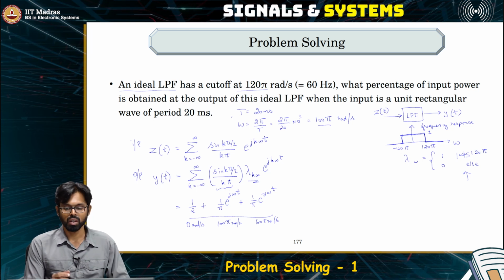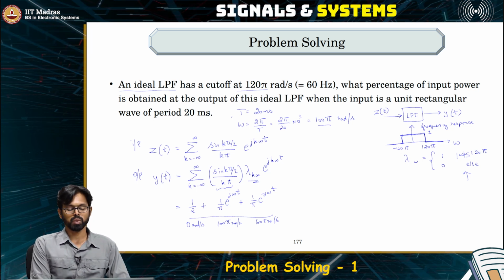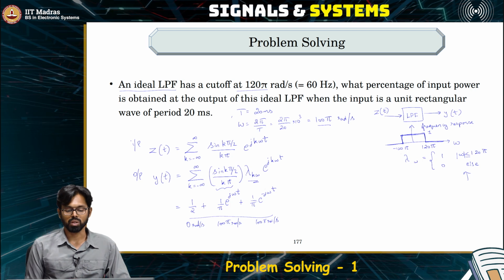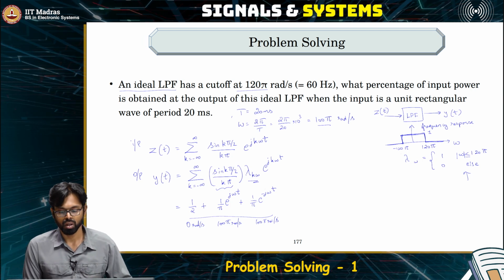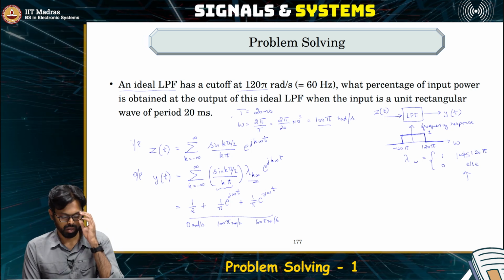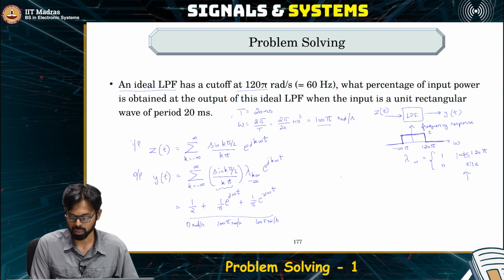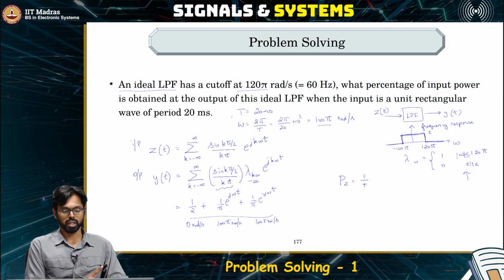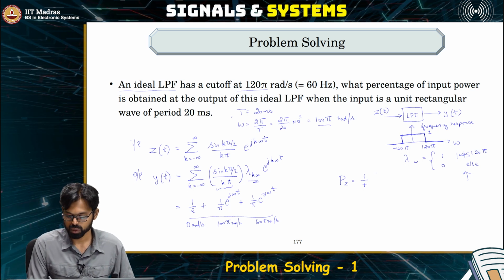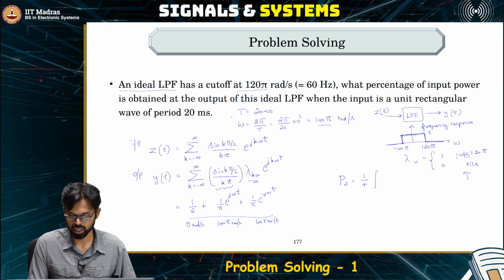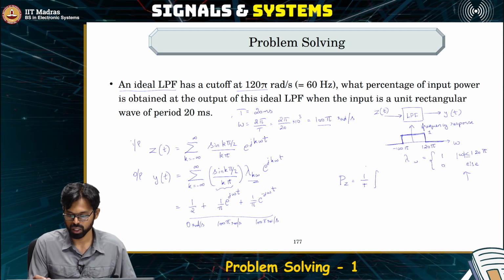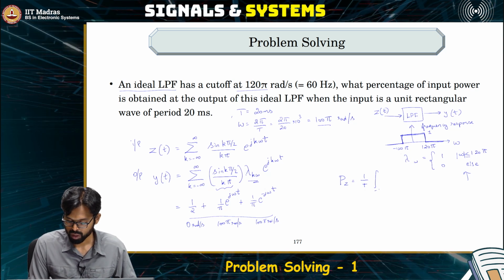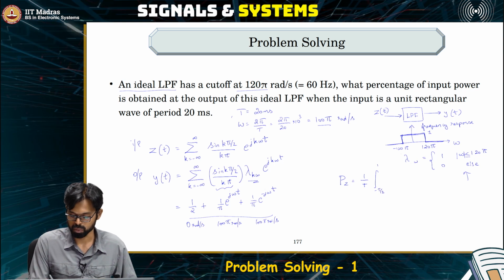Now, the question is, what percentage of input power is present at the output? So, what is the input's power first of all? This is a periodic signal, which means all we have to do to find out the power is to simply find out the energy in one period. So, in this case we can simply integrate the energy in one period, from minus T by 2 to plus T by 2.